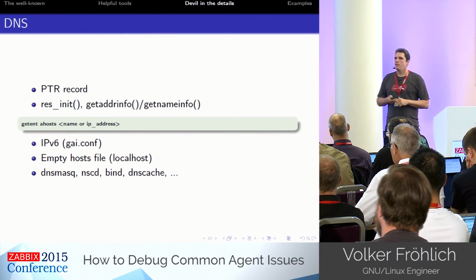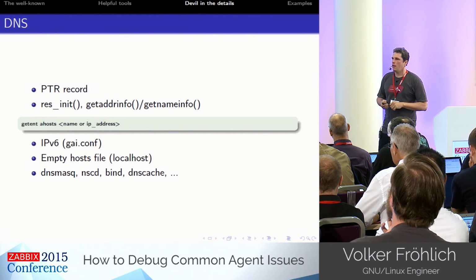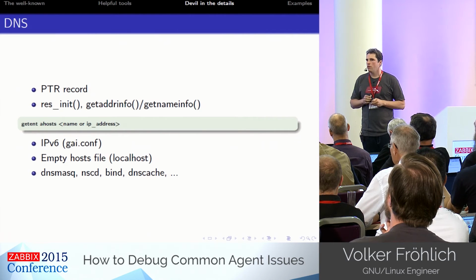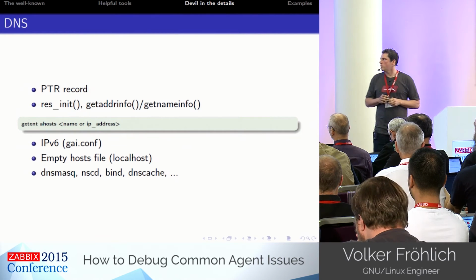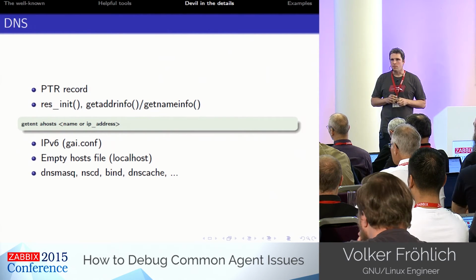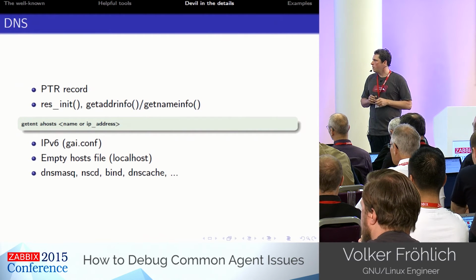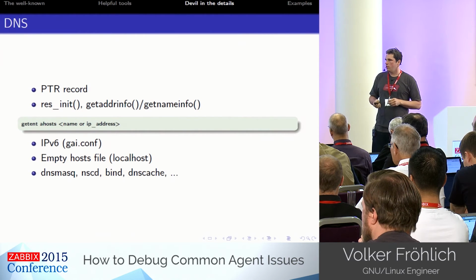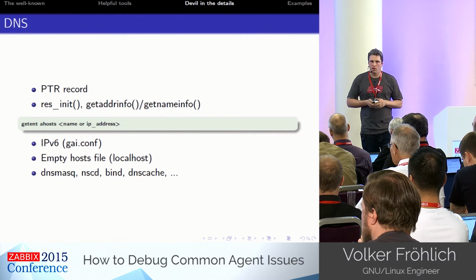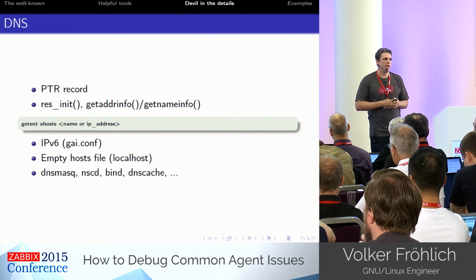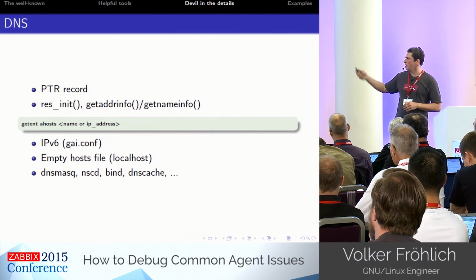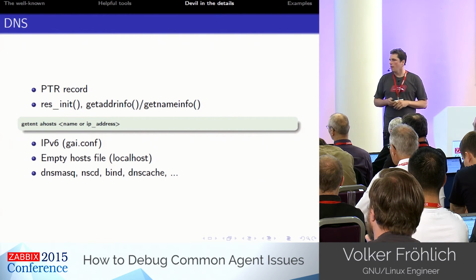getaddrinfo and getnameinfo are the system calls Zabbix actually uses for resolving host names. Those are IPv6 aware. And if you want to know what a certain lookup would look like, I recommend you do that with the getent utility using the ahosts option.